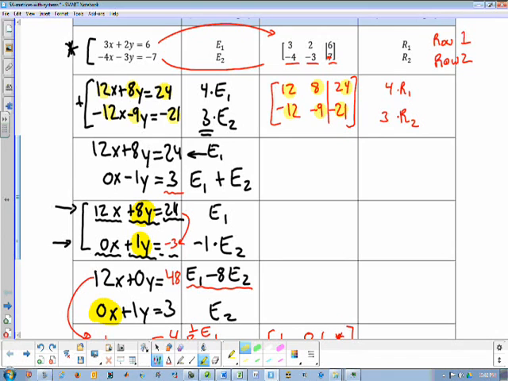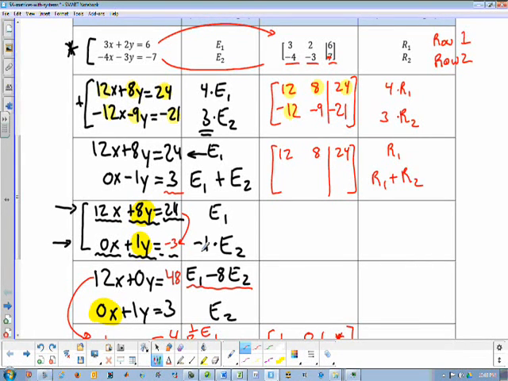Okay? Let's keep rolling here. Now, we can add these two. We're going to copy down row 1 exactly as it is, 12, 8, and 24. And in the second row, we're going to add row 1 plus row 2.